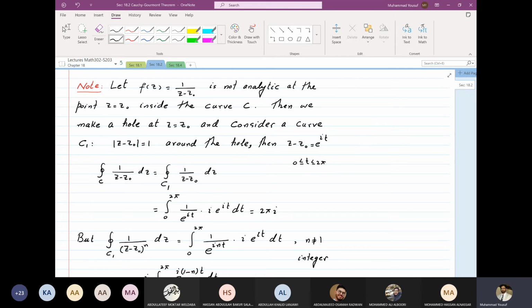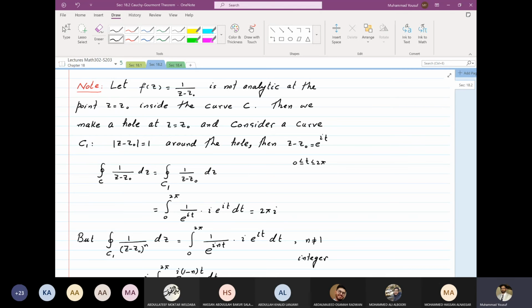Absolute value of z minus z naught equal to 1. That is, we bound this hole by a circle. The easiest curve for us is a circle, with center at z naught and radius equal to 1. You can make the radius equal to half or quarter or epsilon even, it doesn't matter.